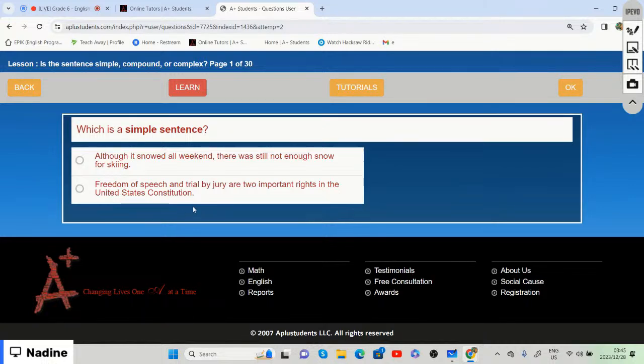Or is it freedom of speech and trial by jury are two important rights in the United States Constitution? We need to select the simple sentence. So option 1 or the second option.